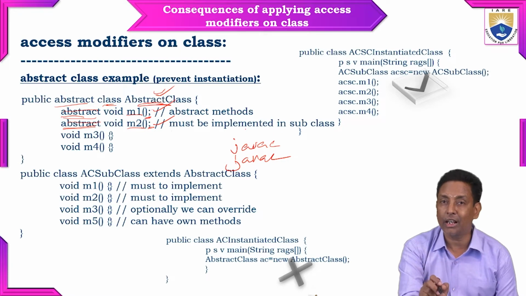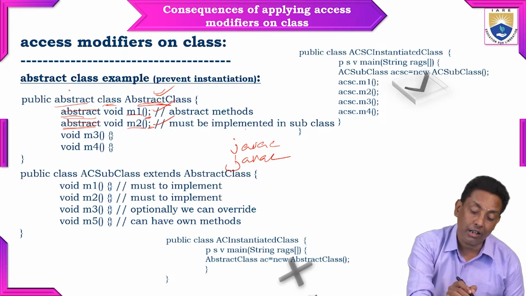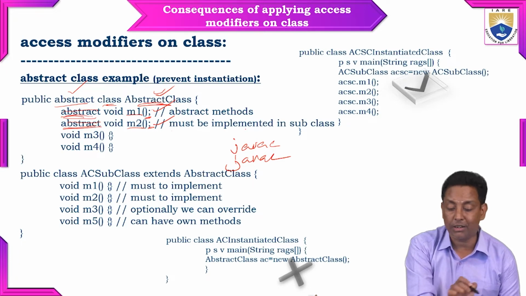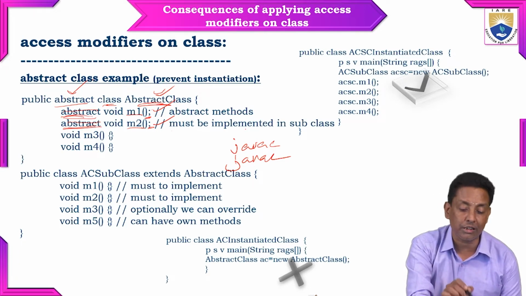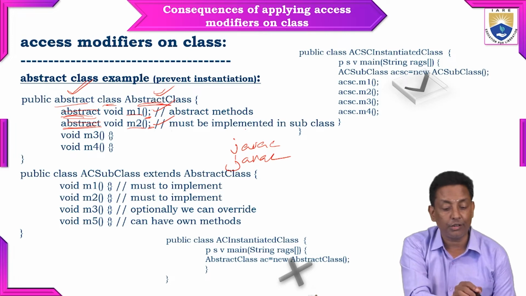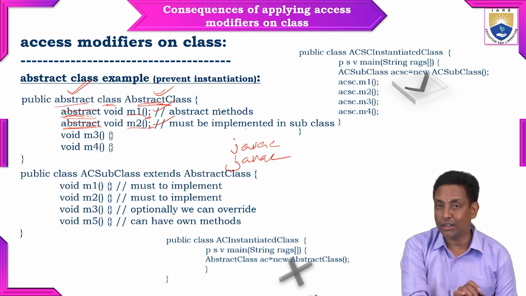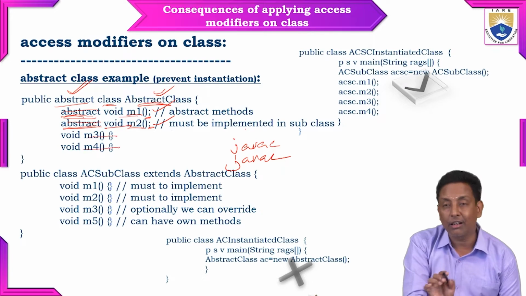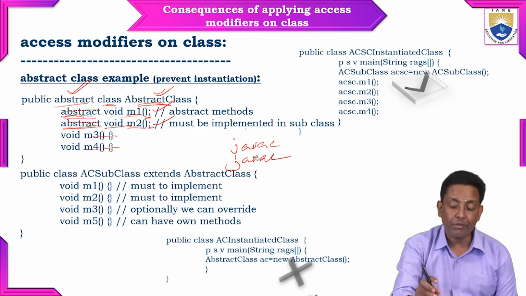The compiler will again ask us to declare our class as abstract. So this is how a public abstract class is formed, with two abstract methods and two implemented methods.